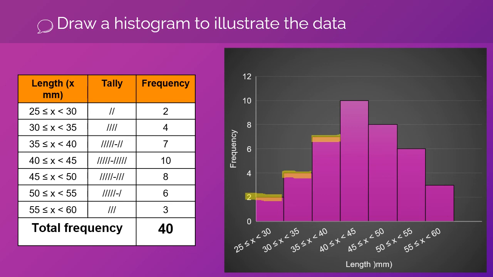The next, greater than or equal to 40 but less than 45, we have 10. The next, 45 to less than 50, we have 8. The next, 50 to less than 55, we have 6. Then last one, 55 to less than 60, we have 3. So it will be located here between 2 and 4.